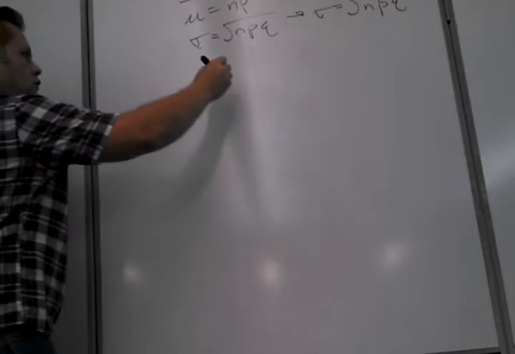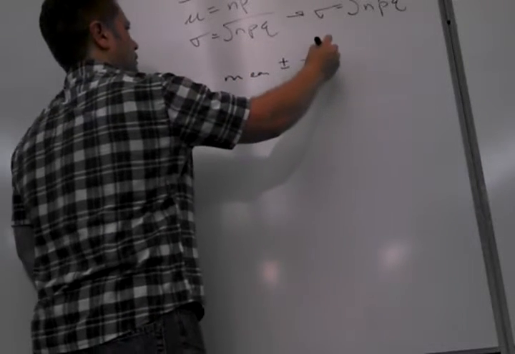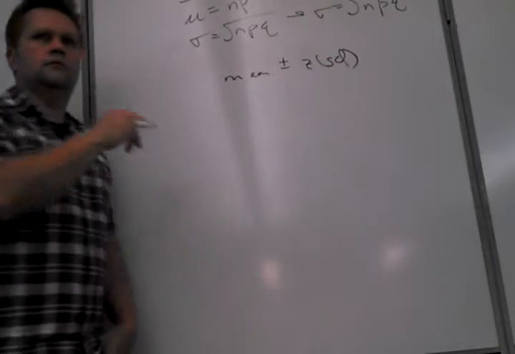So if I want to do something like mean plus or minus z standard deviation, I'm writing it that way for a reason, because I don't want us to make a mistake. On the binomial problem, a couple of people divided the standard deviation by the square root of n.